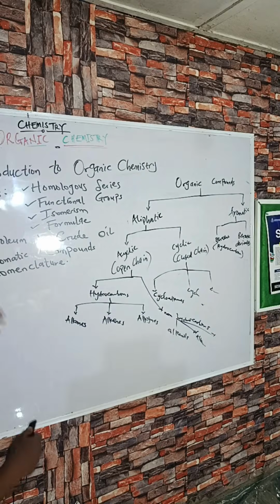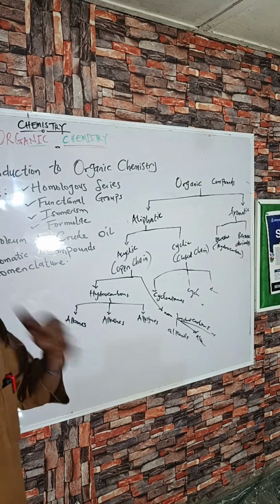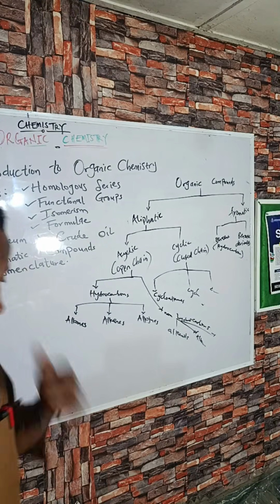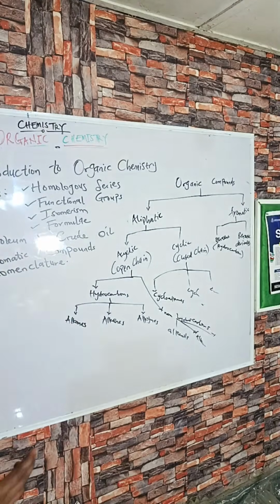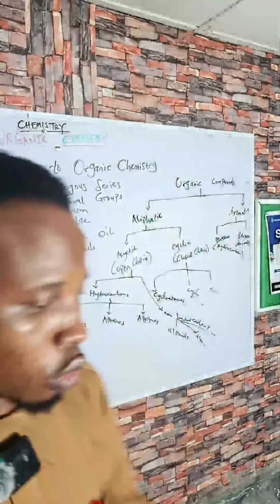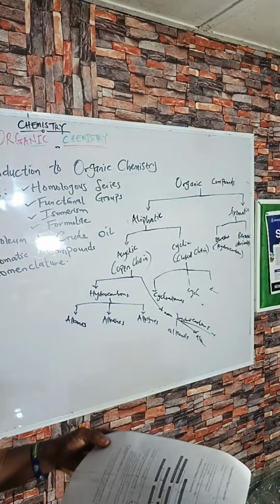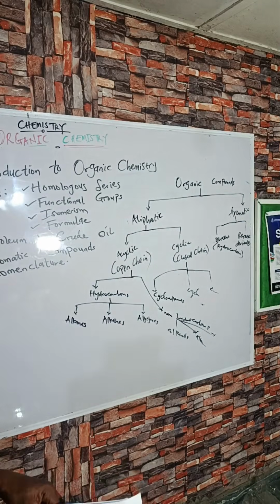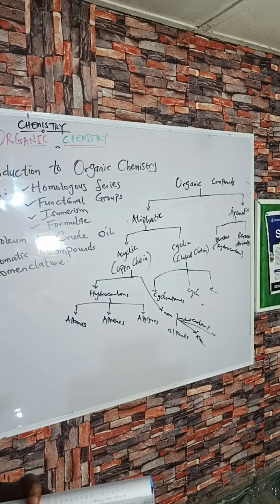Now that we have a bit of a picture of what we expect to see in the classification of organic compounds, I think we should move next to talk about the terms in organic chemistry. But before we go to that, let's recall what we've said so far. Organic chemistry came up with the vital force theory, and we talked about some of the uniqueness of carbon.